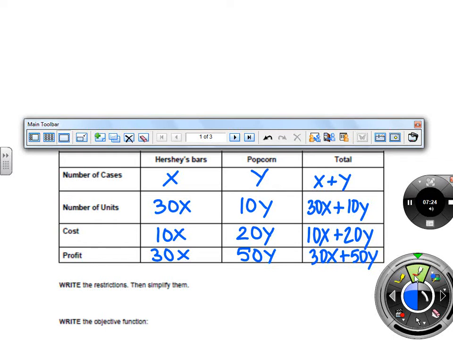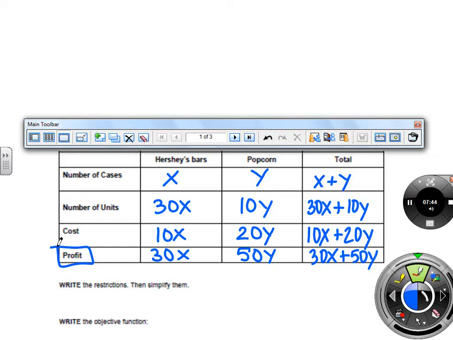This is going to be our objective function and what we're trying to maximize because of its profit, right? So there's not a constraint on this. This is what we're using at the end to make the most money that we can, okay? The constraints are going to lie on these things here.